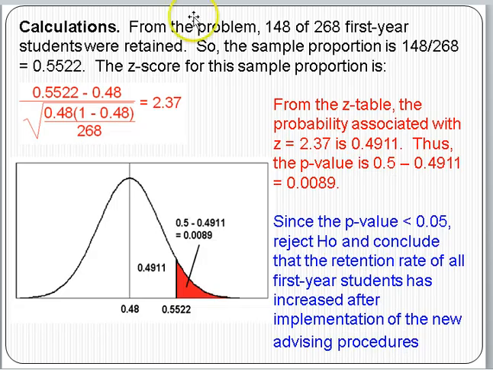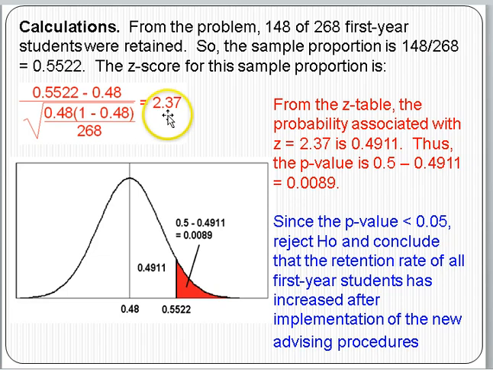For the calculations, we know that 148 of the 268 students were retained. So the sample proportion is 148 divided by 268, or 55.22%. That looks good. Bigger than 48%. The z-score for this sample proportion, using the test statistic, is the sample proportion minus what we think the population proportion is under the null hypothesis, and again, this also serves as the mean of the sampling distribution, divided by the standard error of the sample statistic.